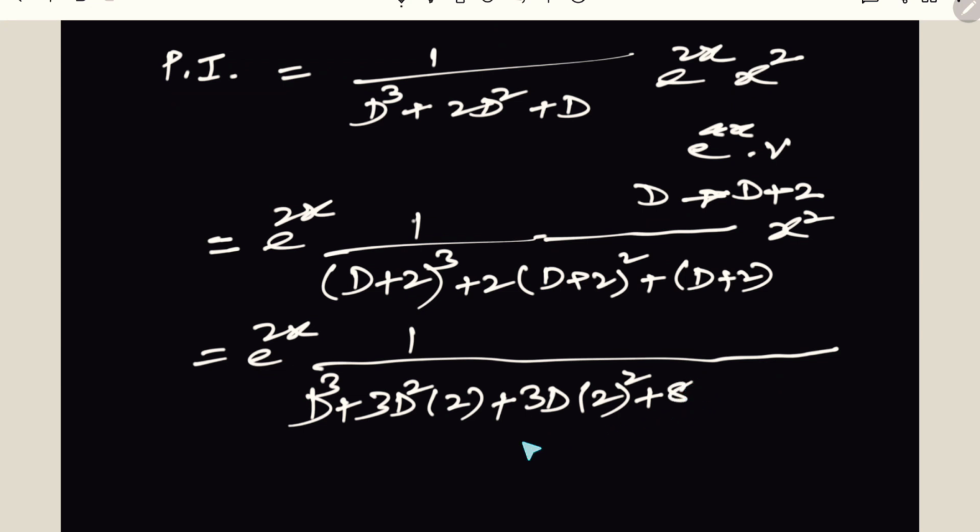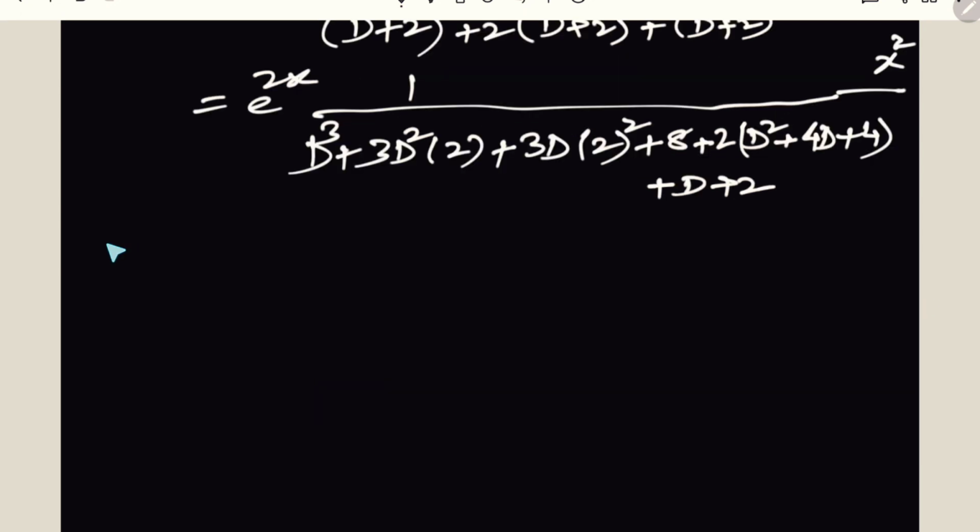Then plus 2 times the expansion of that term (D + 2)^2, which is D^2 + 2 times 2D, that is 4D, plus 2^2, 4, and plus the remaining term D + 2, which we have to operate on x^2.